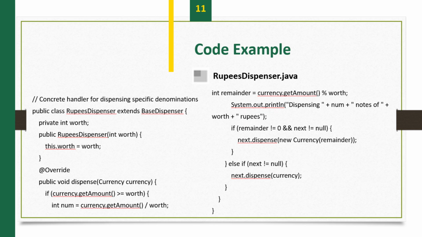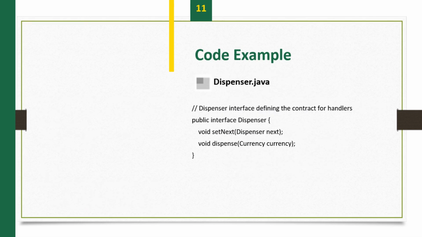This class is a concrete handler, as we know from the structure of chain of responsibility, that dispenses currency of specific denominations. It extends the base dispenser, implementing the dispense method to handle its request. Third, there is an interface defining the contract for handlers in the chain.